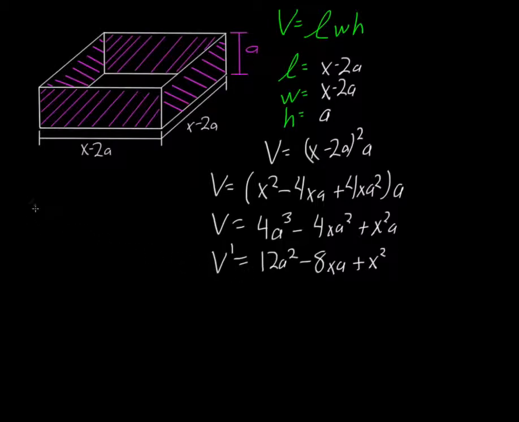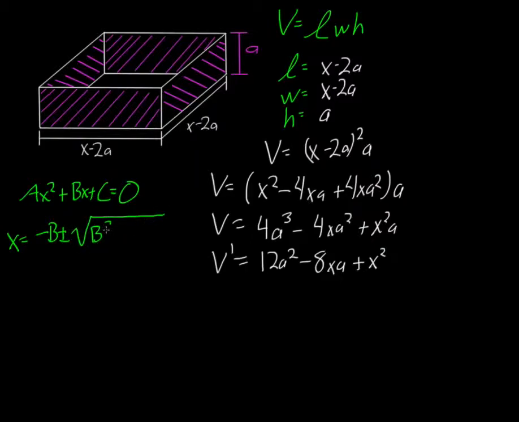The quadratic formula is such that any equation that takes on the form ax squared plus bx plus c equals 0, you can actually solve for x by the following. Negative b plus or minus the square root of b squared minus 4ac all over 2a.